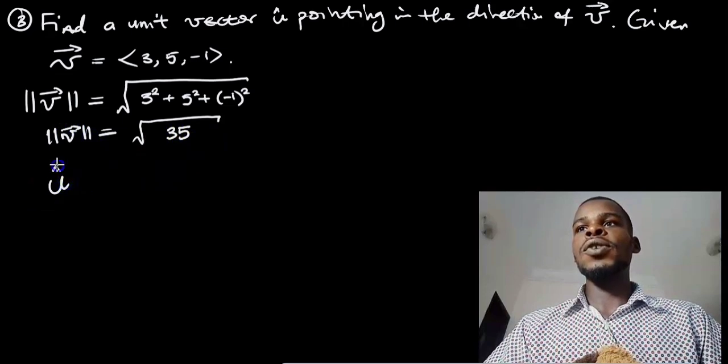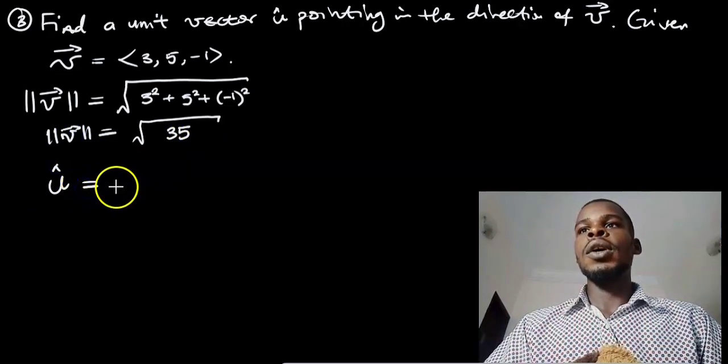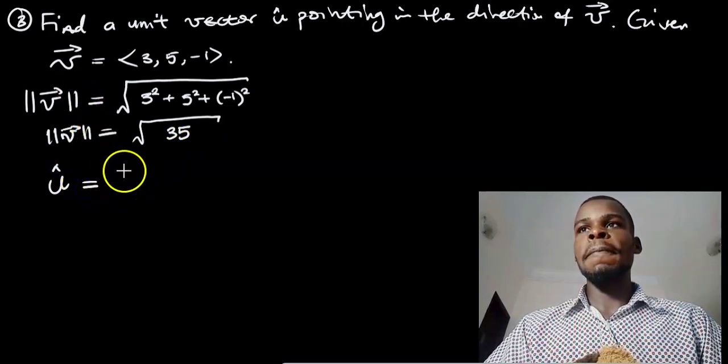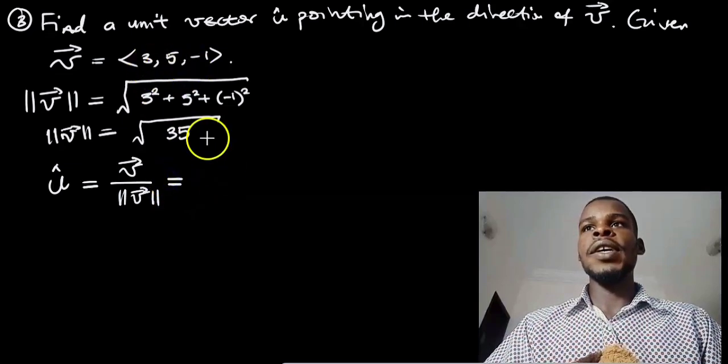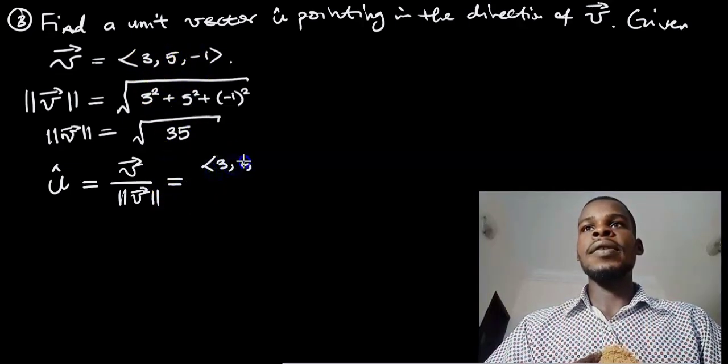Now to find the unit vector u hat, which is pointing in the direction of vector v, we'll just take this ratio: vector v divided by its length. That gives us vector v, which we have here as (3, 5, -1), divided by its length, which we found as the square root of 35.